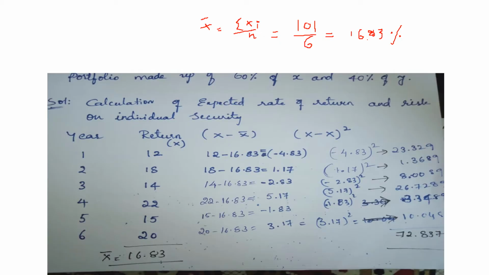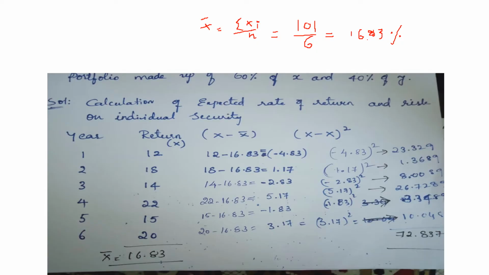Each and every individual security has to be subtracted from the X bar, that is 12 minus 16.83. You'll get the values here. In the same way you have to do it for the other years also, that is 18 minus 16.83, 14 minus 16.83. If you subtract all these, you are going to get these values.